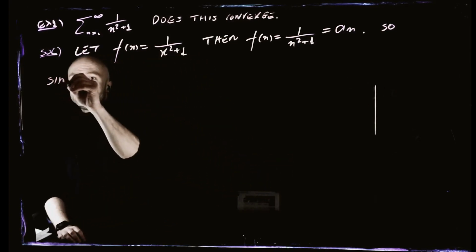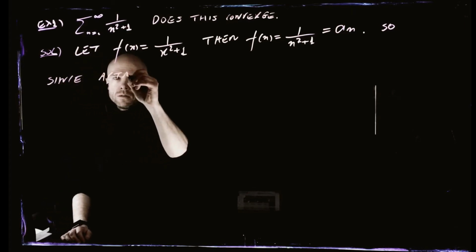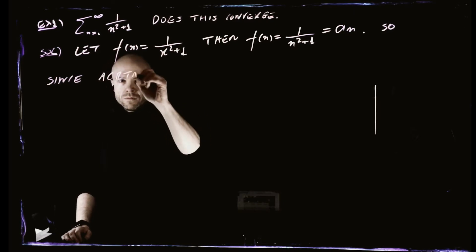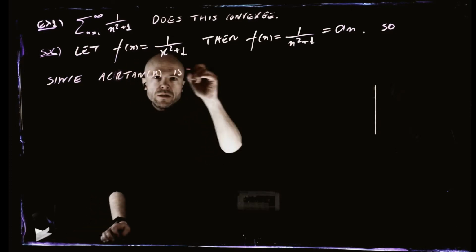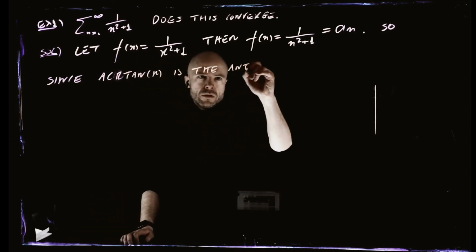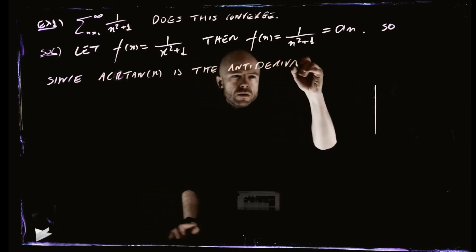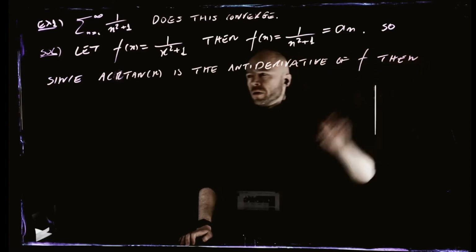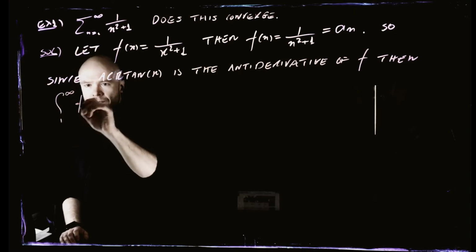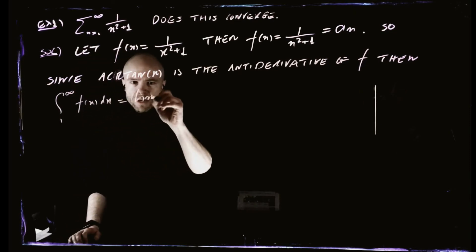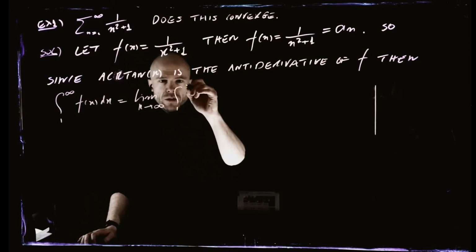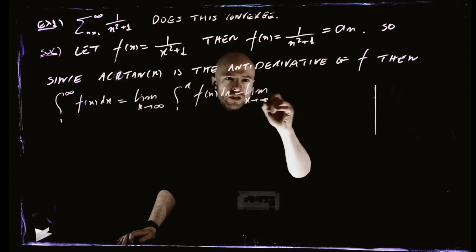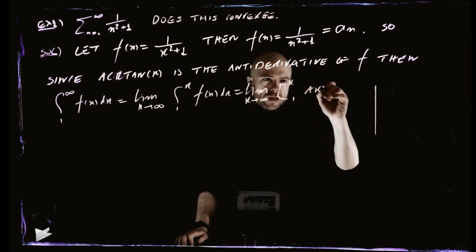So since arctan of x is the antiderivative of f, then if we want to integrate this thing, the integral from 1 to infinity of f of x dx, it's equal to the limit as r goes to infinity of the integral from 1 to r of f of x dx, which is equal to the limit as r goes to infinity of arctan evaluated from 1 to r.